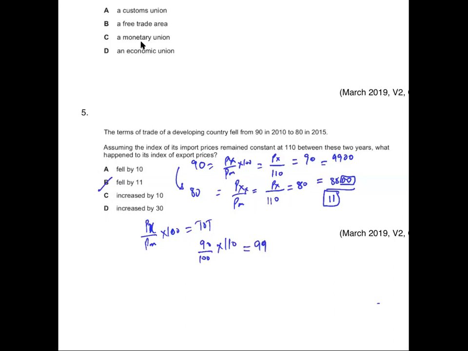So it was 99 in 2010, and in 2015, the value is basically 88. So it's gone down from 99 to 88, and that's why it has fallen by 11.